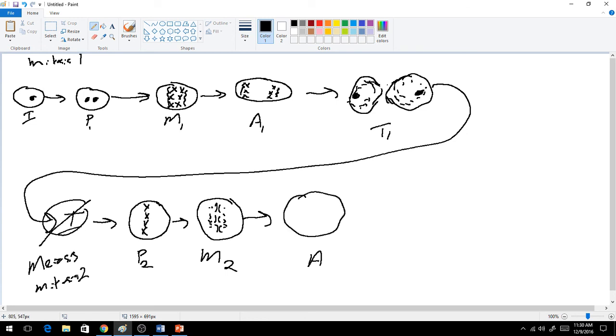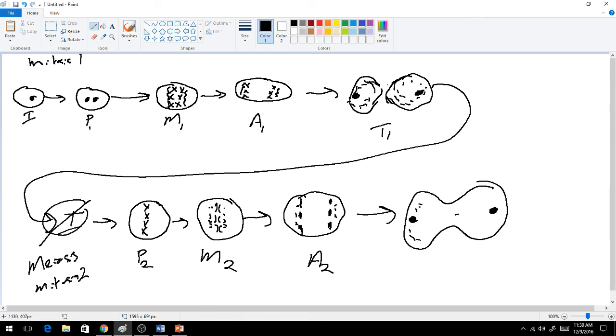Again, the cell starts to elongate, but instead of having chromosomes, we have halves of chromosomes moving to each side, and then organelles. Then we move to a second telophase. Again, the genetic material starts to condense back into nuclei, but again, each one is going to end up carrying a half load.